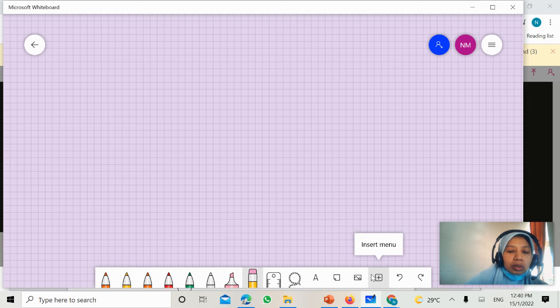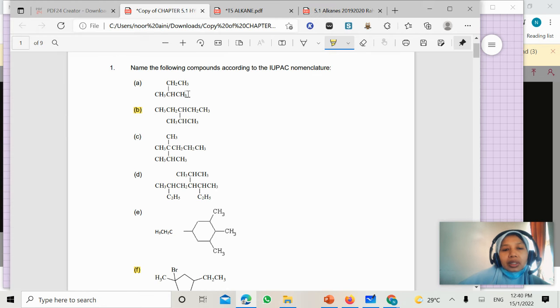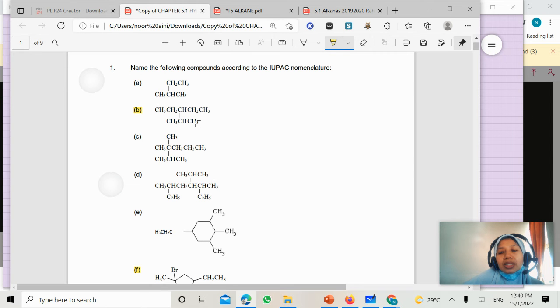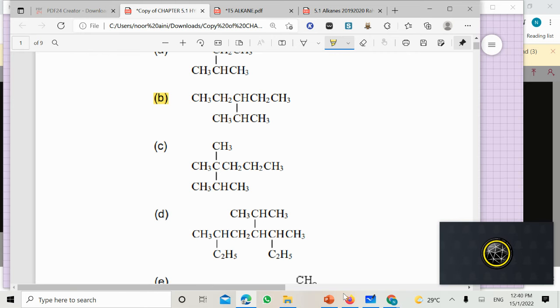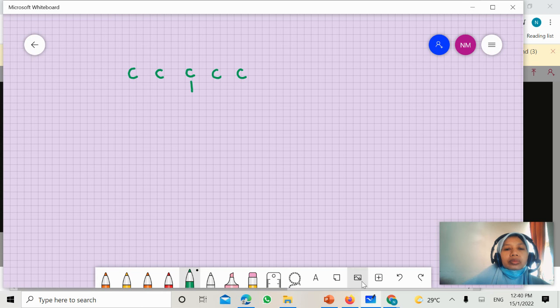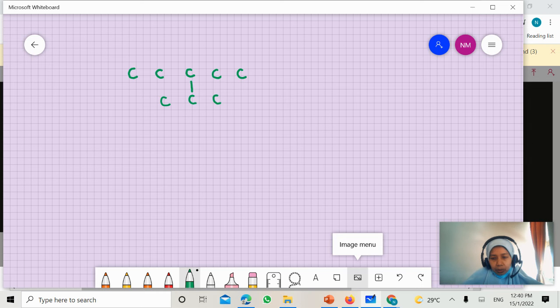We have 5 carbons up here, 1, 2, 3, 4, 5, and somewhere in the middle, at carbon number 3, we have this group here, CH3, CH, CH3.